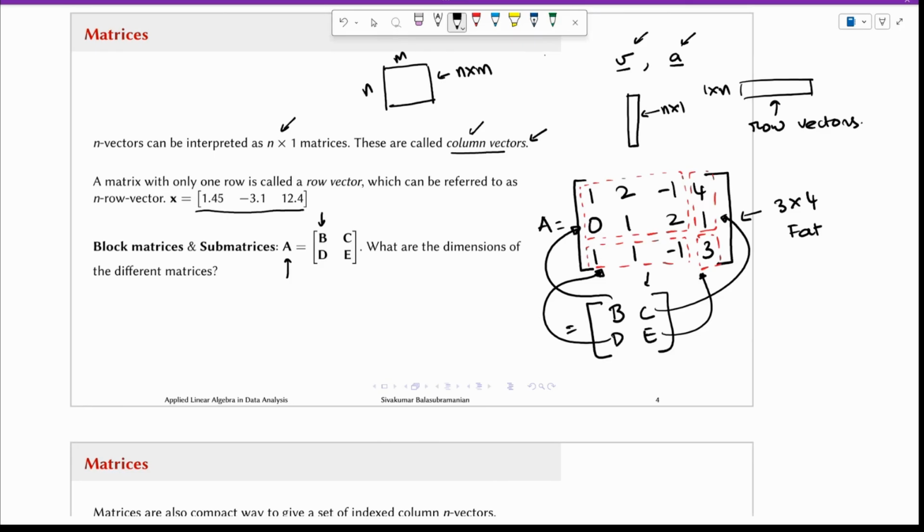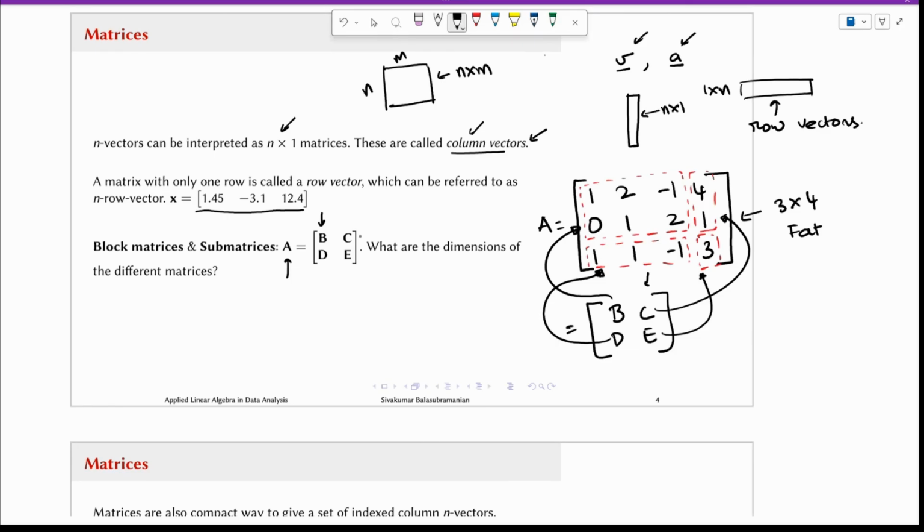Okay, some sub-matrices. Here B, C, D, E would be sub-matrices. The only requirement is that the sub-matrices in any particular column of a block matrix will have the same number of columns. That means B and D will have the same number of columns. They can have a different number of rows, but the number of columns will be the same.